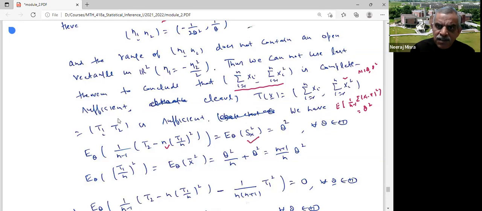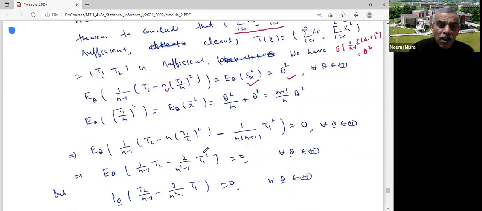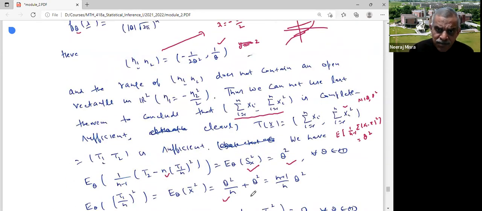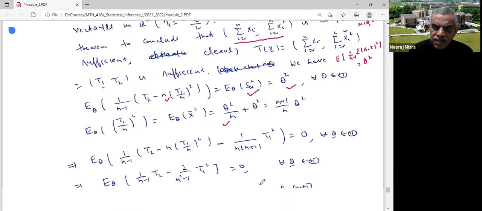This is the expected value of s square, which is theta square. I also have the expected value of t1 by n whole square, which is the same as the expected value of x bar square. The expected value of x bar square is the variance of x bar, which is theta square by n, plus the expected value of x bar whole square, which is theta square. So this is n plus 1 upon n theta square.